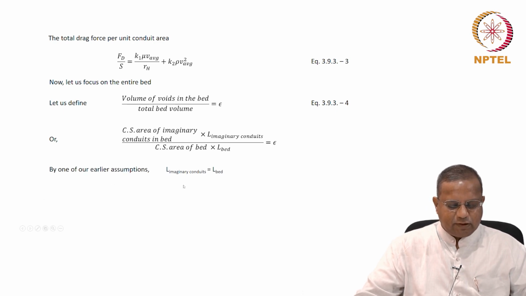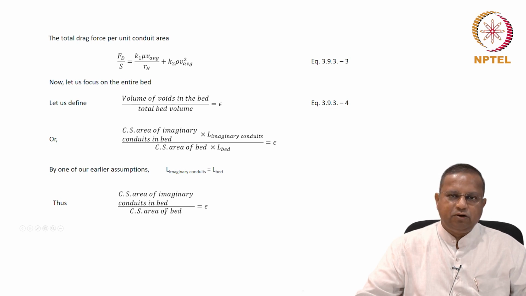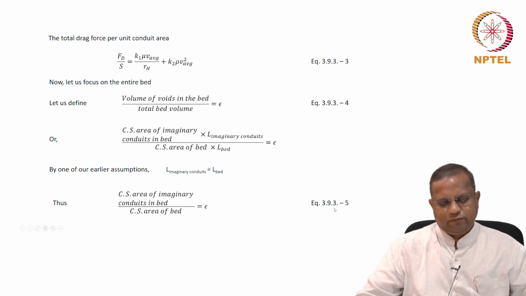By one of our earlier assumptions, the length of the imaginary conduits is the same as the length of the bed, so these can be cancelled. Therefore, the cross-sectional area of the imaginary conduits in the bed divided by the cross-sectional area of the bed is your epsilon. Equation 3.9.3-5.